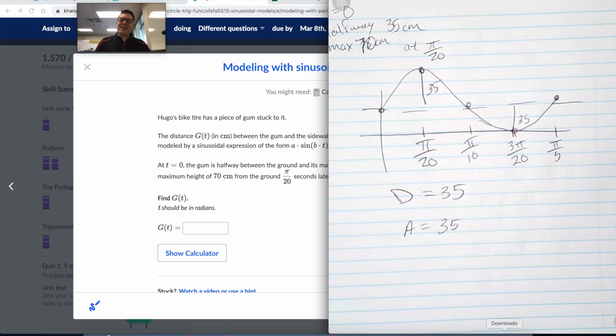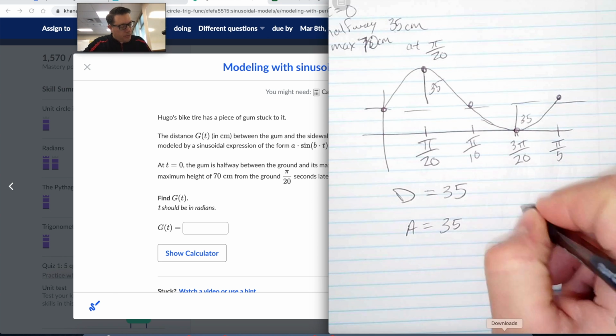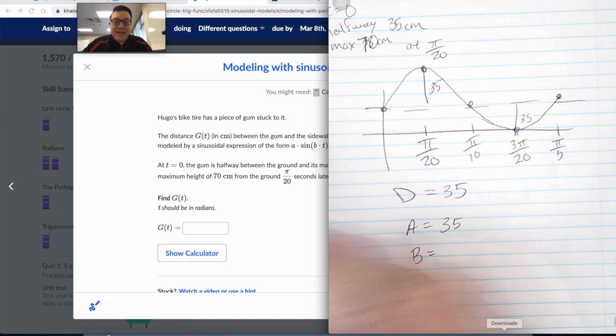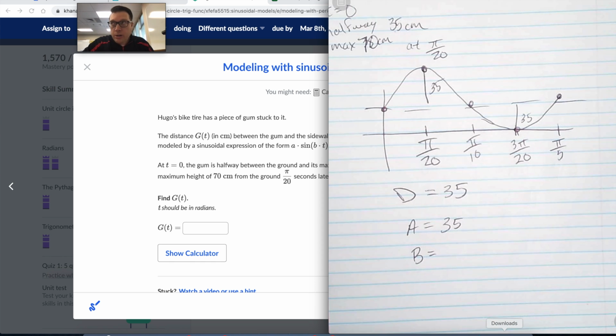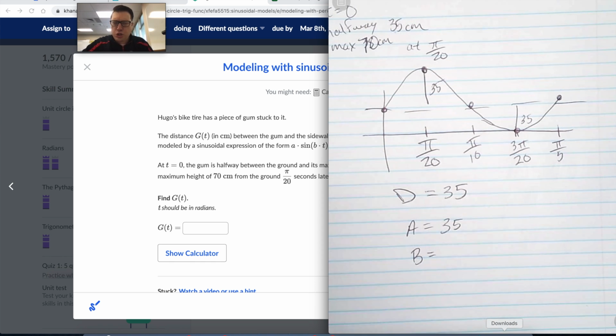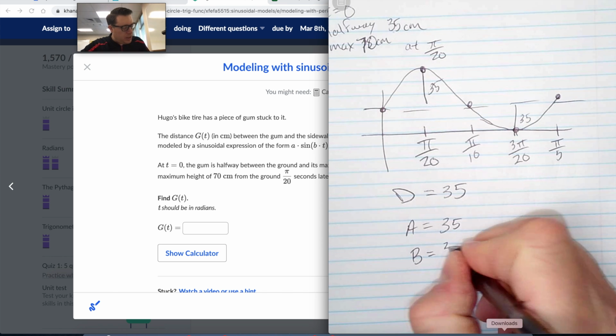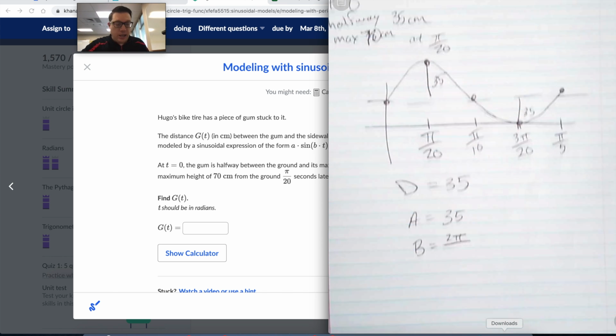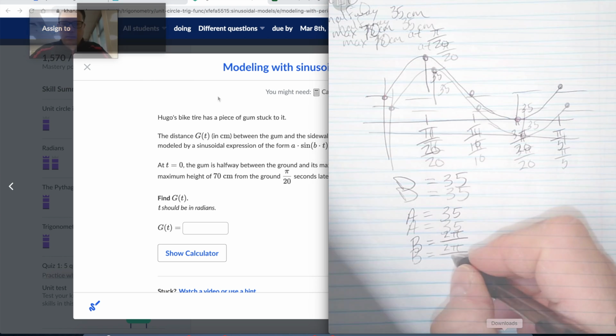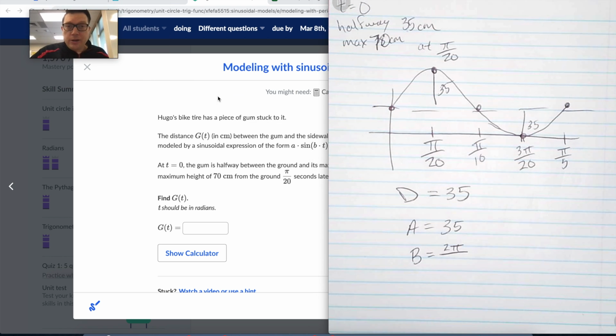The part that's not so nice, although we can use a quick formula to find it, is how do we determine B? If you remember from other straight up sine equations, the period for sine is determined by the frequency. The period for sine is 2 pi divided by frequency.